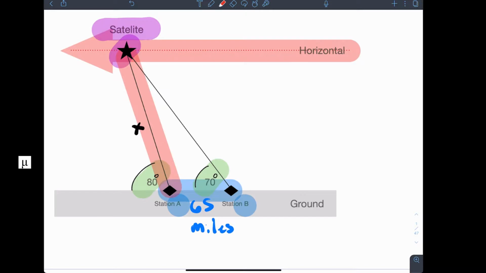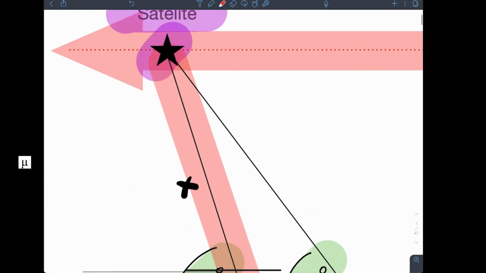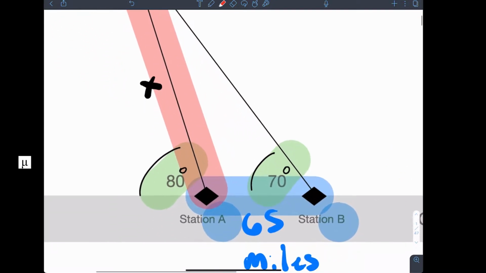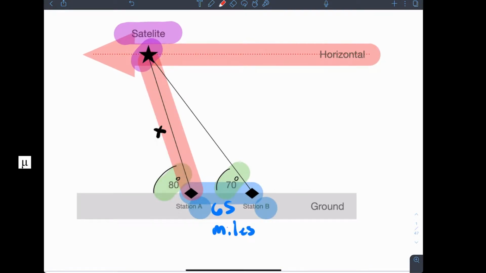Remember something that's vitally important here. That's the distance from the satellite to station A. Here's A, and then here's the satellite. You can call that distance X, you could call that what you want, but that's what we have to determine.